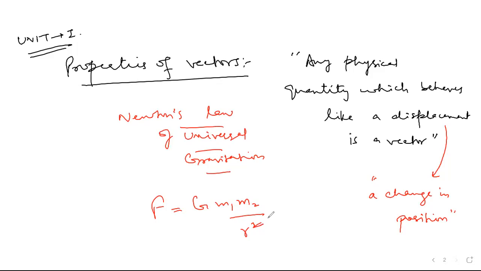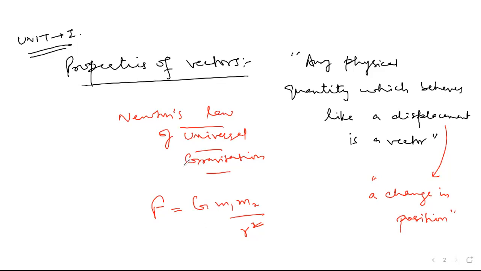So m1 m2 is the mass of the two bodies, r is the distance of separation between them, and this law says that the gravitational force between the masses is proportional to the product of the masses and inversely proportional to the square of the separation distance. G is a constant, as you know.